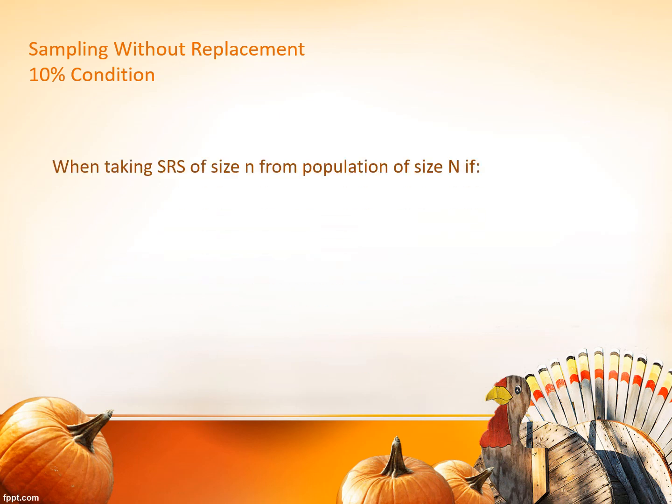When taking a simple random sample of size n from a population of size big N, if n is less than or equal to 1/10 of the population, we're good. I tend to look at this condition because if this is the case, then I can use a binomial setting. Then I know that my standard deviation probably is not varying that much.